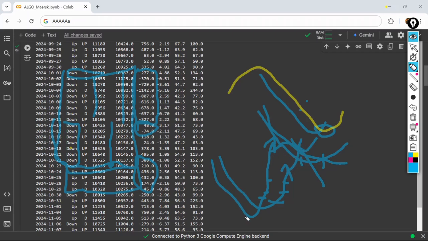Again from down to up, the closing price will cross the regression, and from up to down it will again cross the regression line. Here you can see close to 320 and regression is down, closing price is up, but here close is 10,000 and regression is above.